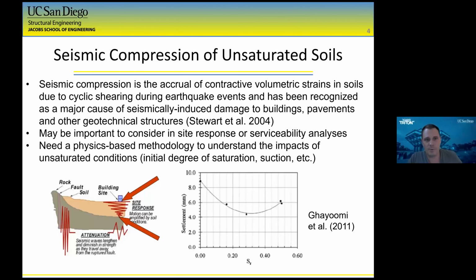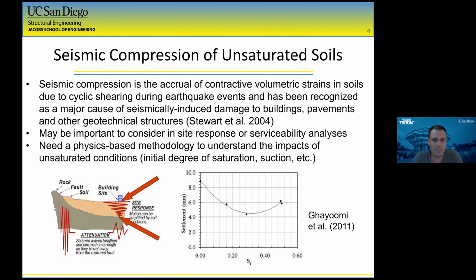People are perhaps aware of what seismic compression is. It's the accrual of contractive volumetric strains in soils due to cyclic shearing. It's been recognized as a major cause of seismically induced damage to buildings and other transportation infrastructure in some of the past earthquakes in California.